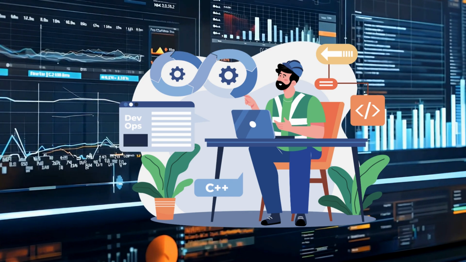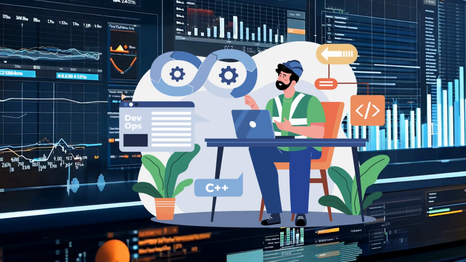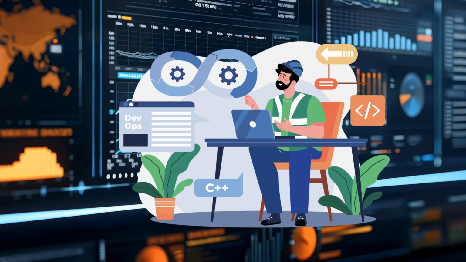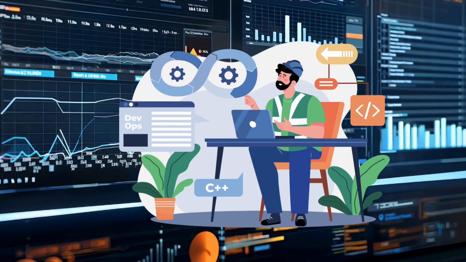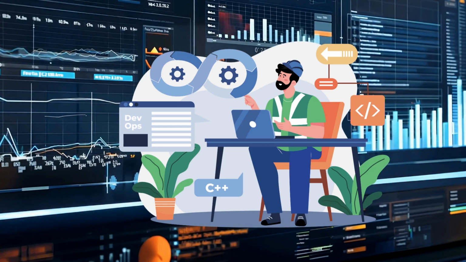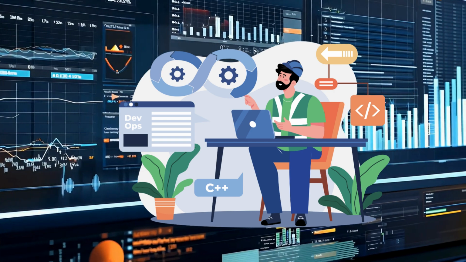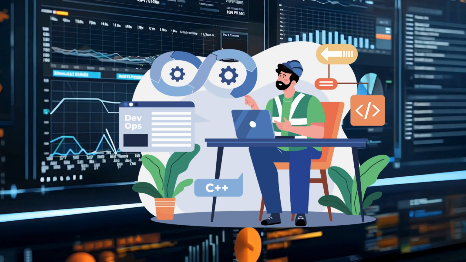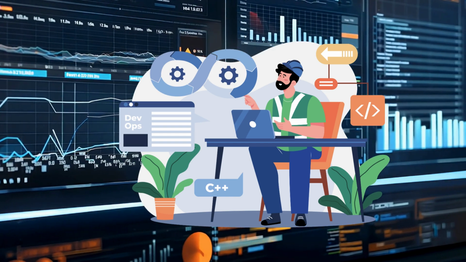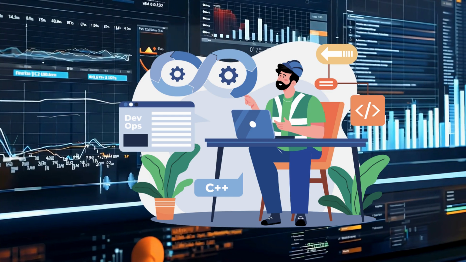So you can trace errors from a failed deployment, correlate logs across services, and automate alerts for downtime or performance issues, right? All using machine data in this scenario.